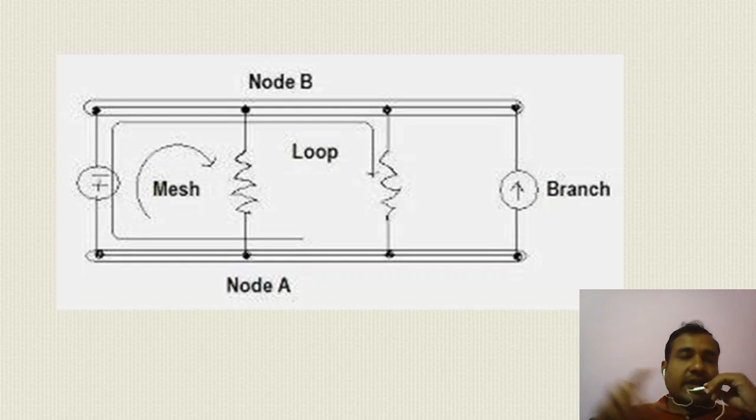So in the first block, that is a mesh, since there isn't any loop inside it. The second one is a loop. In a loop, another loop can exist, but not in the mesh. Hope it is clear.